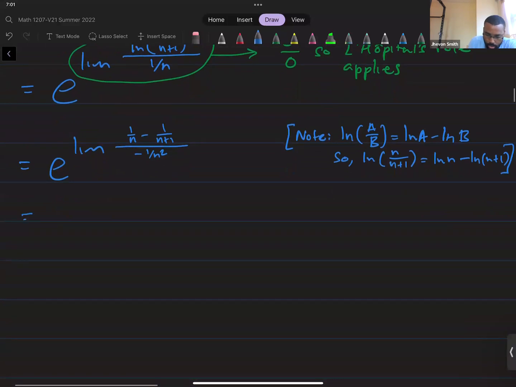So then I can rewrite this as minus n squared times the quantity 1 over n minus 1 over n plus 1.